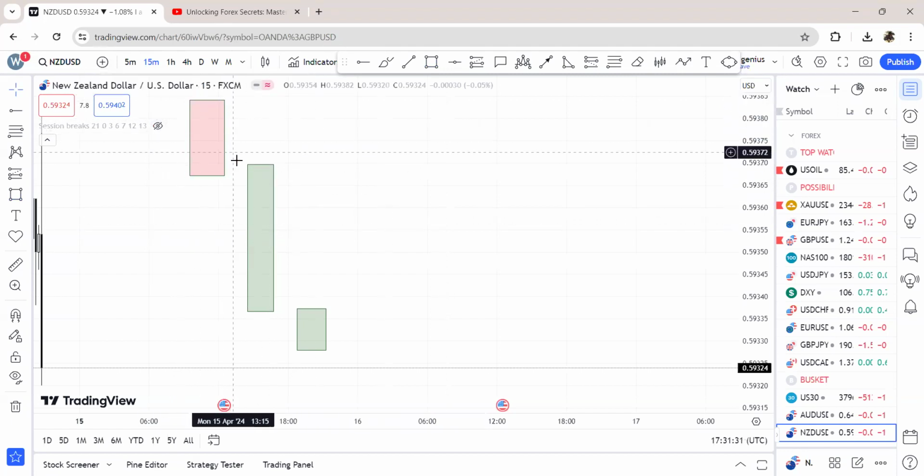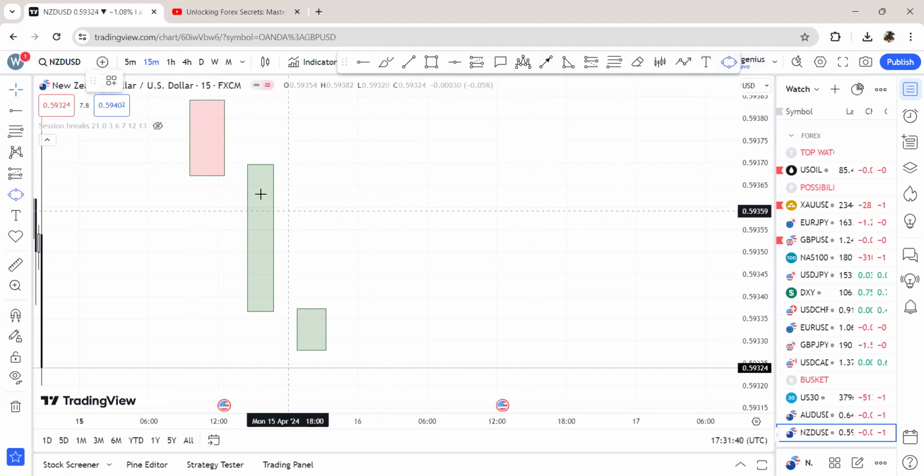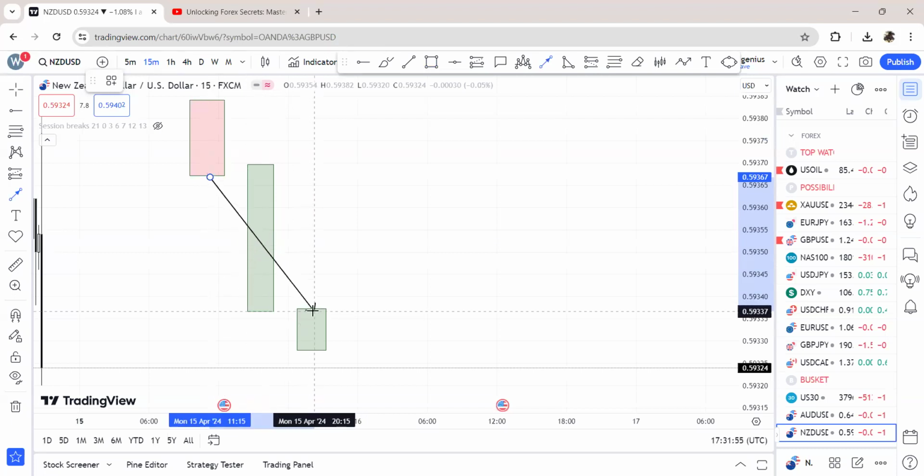So if these are three candles, that means this point from where this candle starts, all the way to where this other smaller candle opened and closed. So it's somewhere around here.